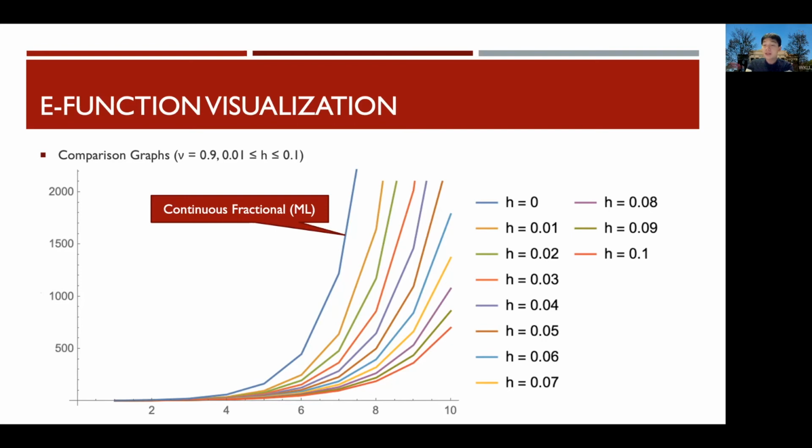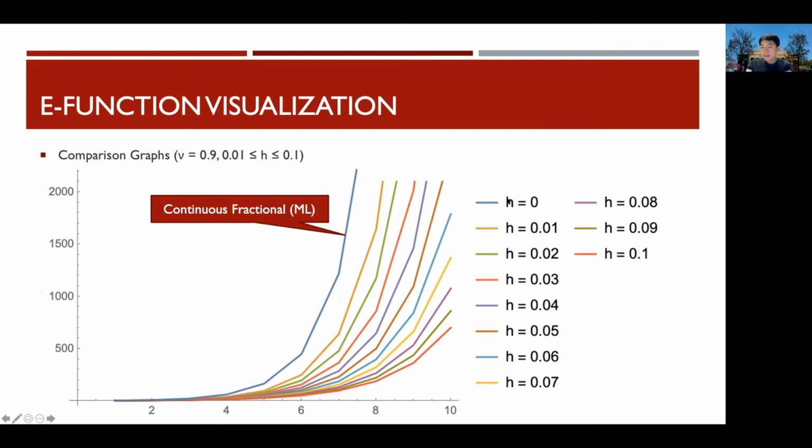Graphing this E function here with various h values gives these colorful graphs on the right hand side. The one I've labeled here as continuous fractional Mittag-Leffler is the actual continuous Mittag-Leffler function developed in 1903 by Mittag-Leffler. The closest one you see here is h equals 0.01, and as h approaches 0, it is undefined, but it gets closer and closer to this continuous function.